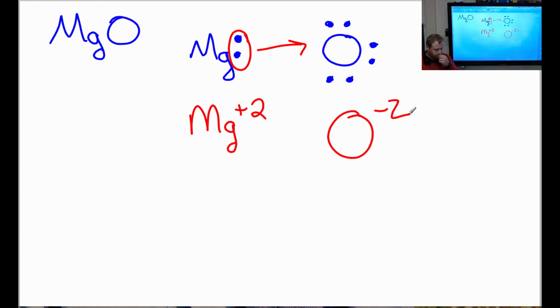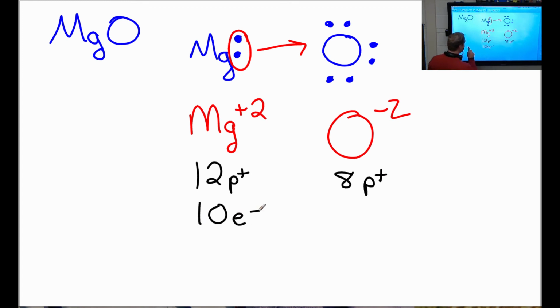Jacob. This might be a little... actually, I'll just, okay. I want to briefly break this down. Magnesium has 12 protons. Oxygen has 8 protons. Magnesium starts with 12 electrons. It's balanced, but it loses 2, so it ends up with 10 electrons, which means it has more protons.